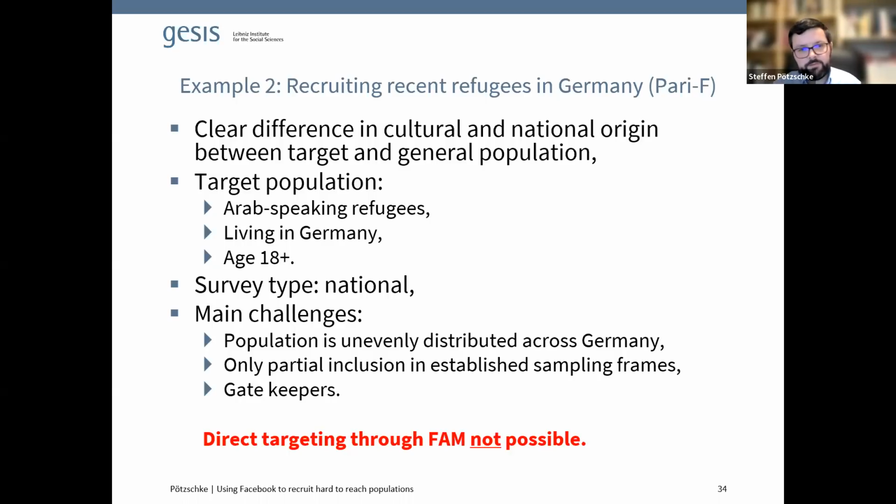This is obviously a national population. And we have to take into account the main challenges of other approaches here, which are that this population is unevenly distributed across Germany.